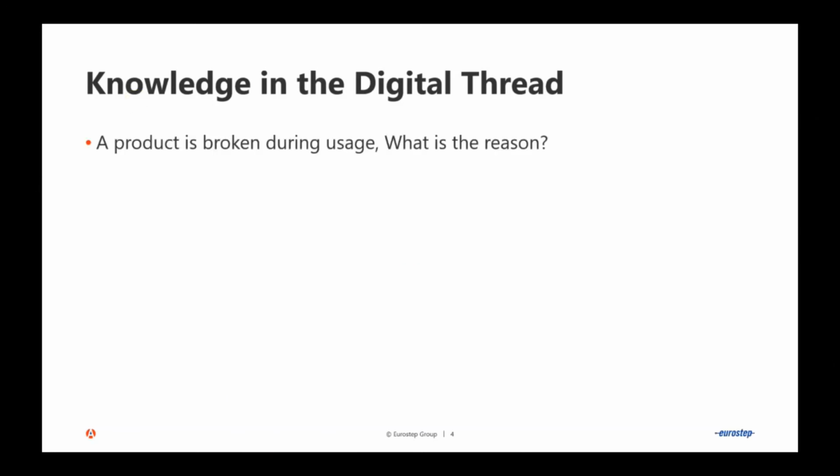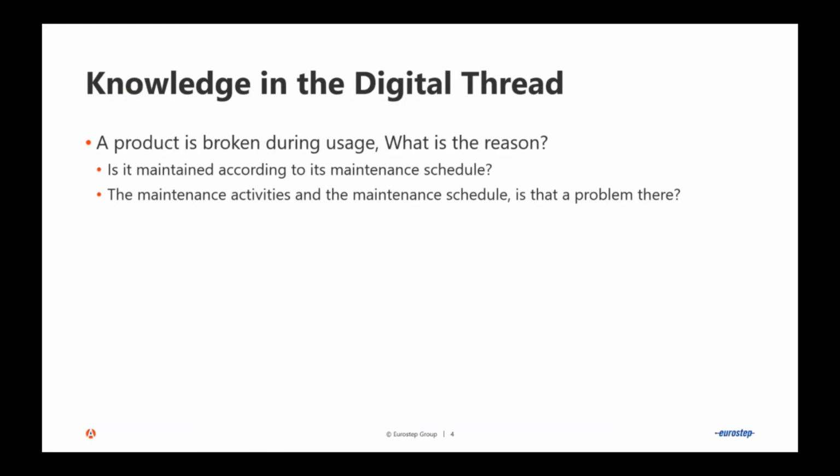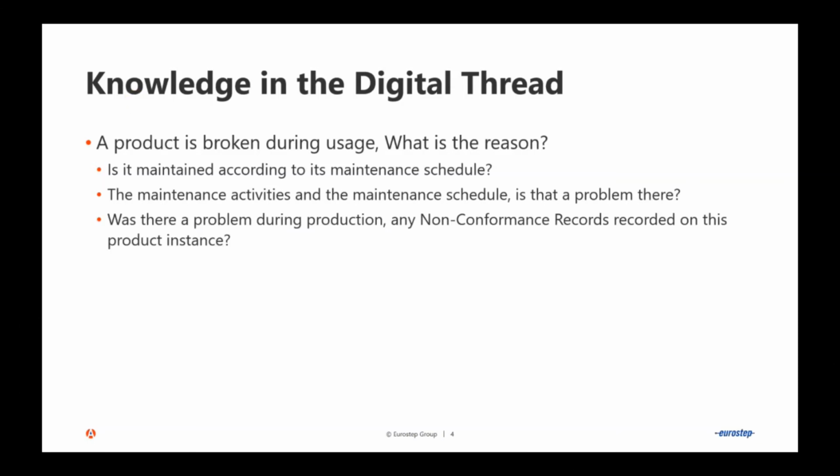Let's say that the product is broken during usage. What is the reason? Was it maintained according to its maintenance schedule? The maintenance activities and the maintenance schedule, is that the problem there? Have they carried out all the maintenance activities? Was there a problem during production?